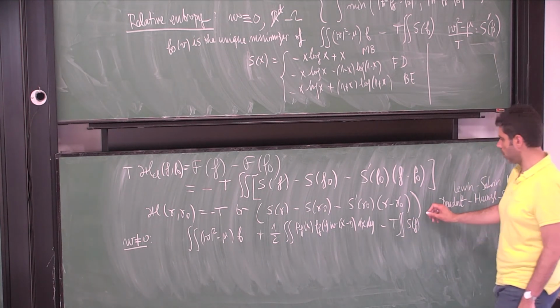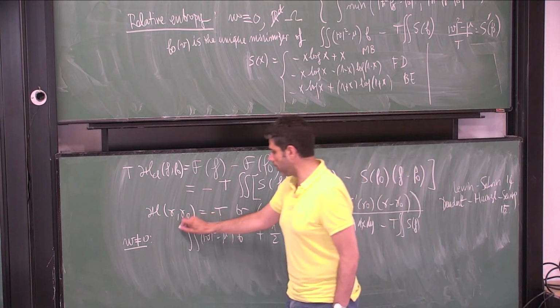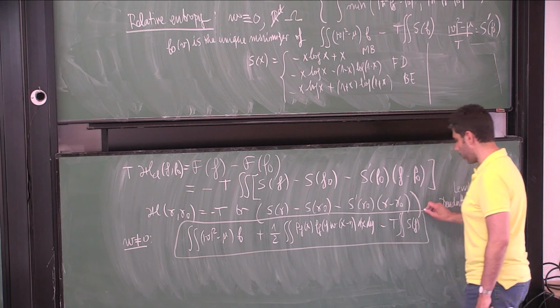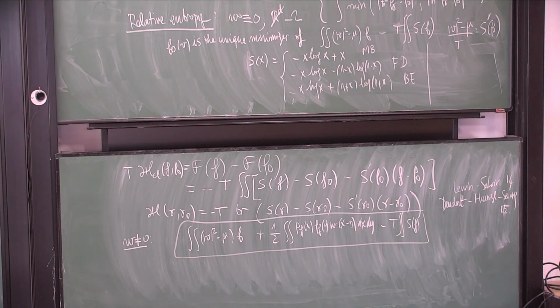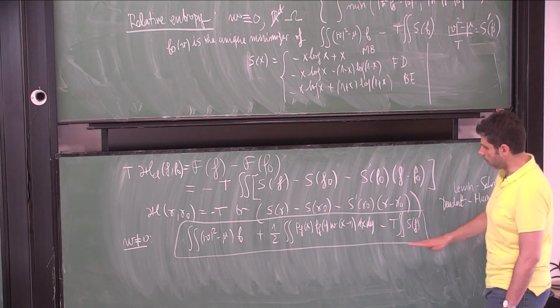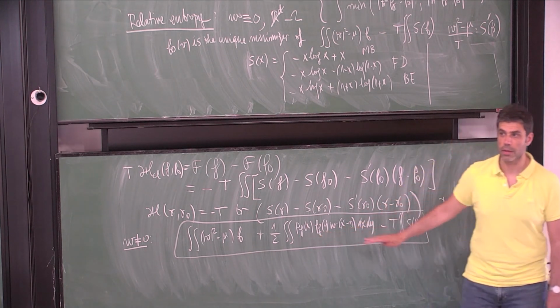Okay, so that's the free energy, again in finite volume to make sure everything is well defined. So it's the same as before, but now I have the mean field energy.